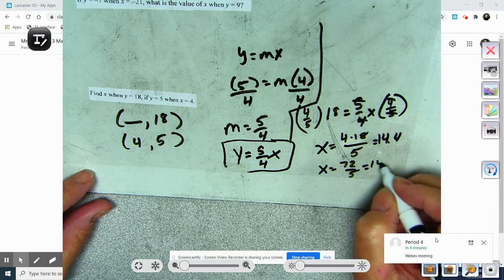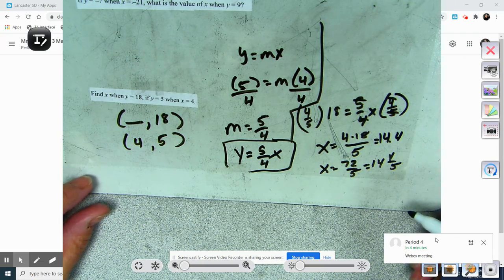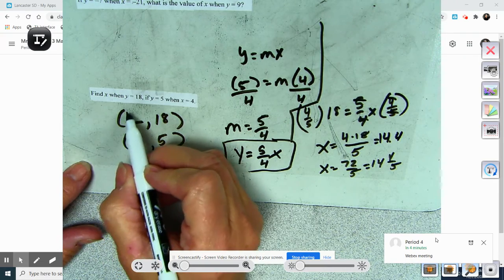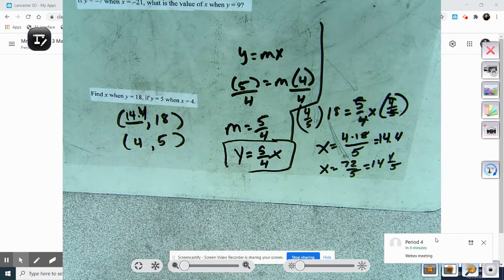So this would be 14 and 4/5. So if you want to leave it as a fraction or a decimal, I don't care. 14.4. Okay, so whether you're finding x or y, you have to use the values they give you for x and y to find m, and then plug it in and find whichever letter you're missing.